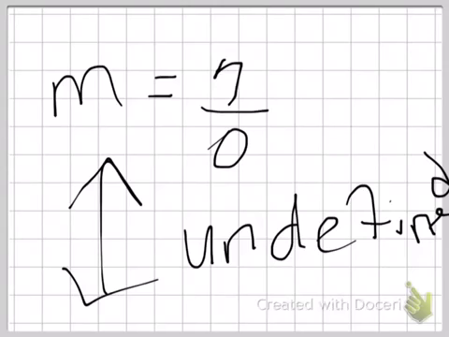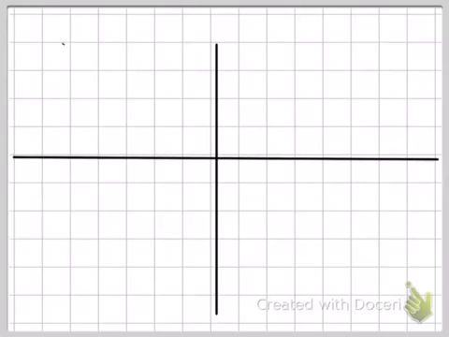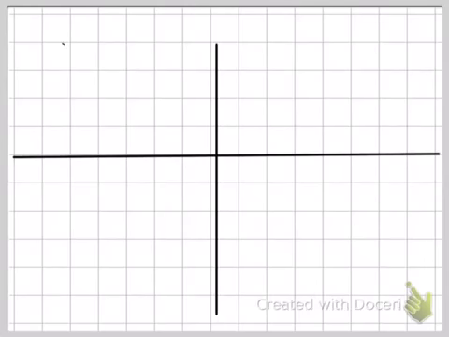Now, what does that mean when trying to graph this stuff? Okay, so let's say I draw a grid right here, and let's say I give you the equation y equals 2x plus 3.